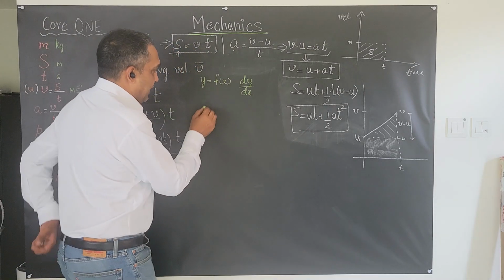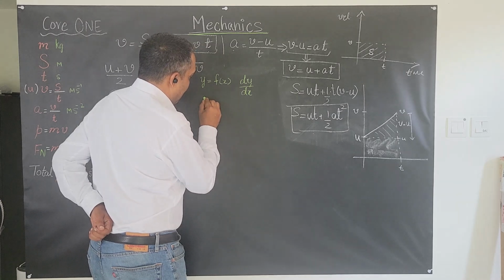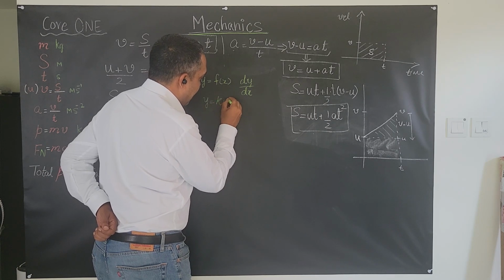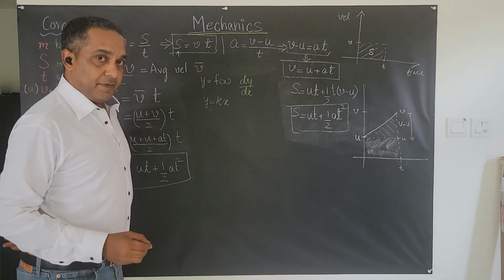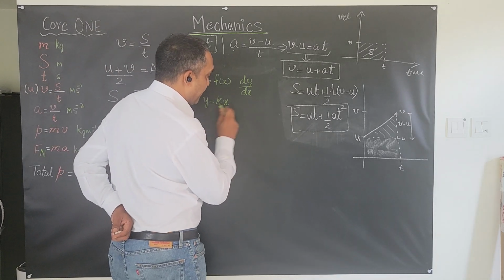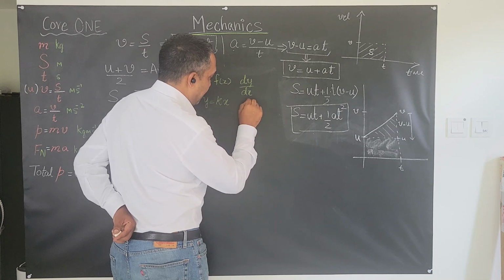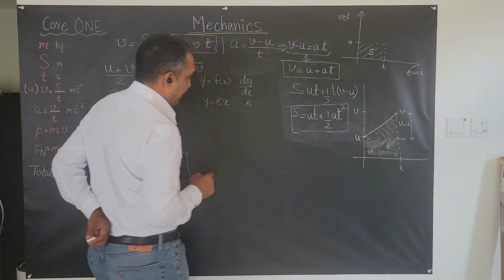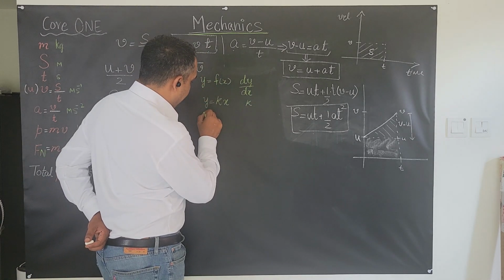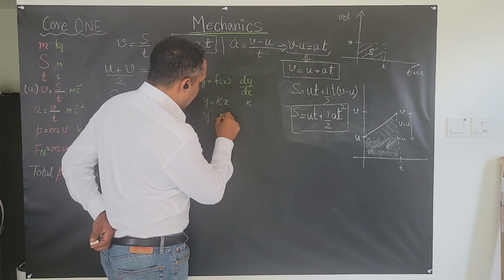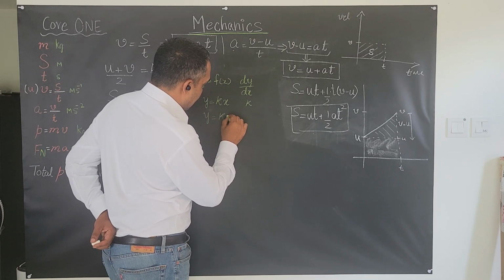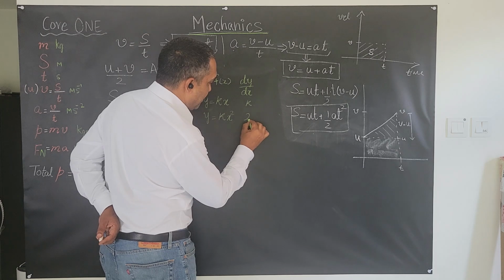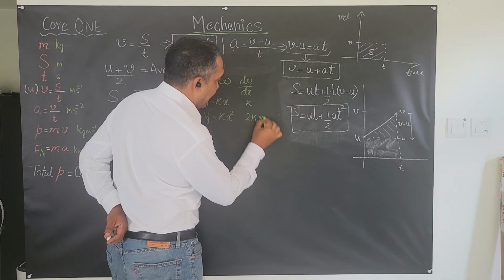If y was just a constant value k times x, its first derivative would simply be this constant value, k. If y is equal to k times x squared, what would happen? You'd end up getting 2k times x.